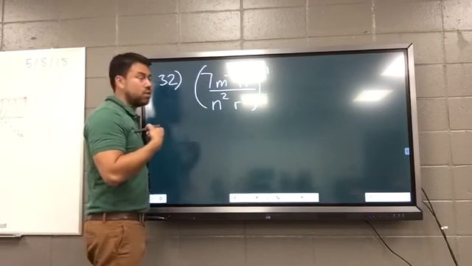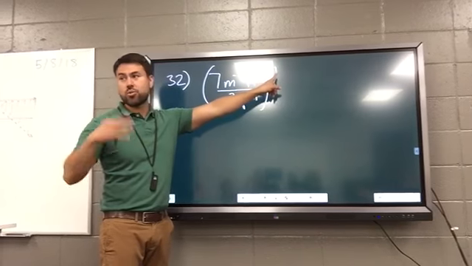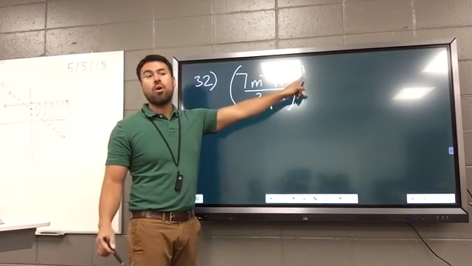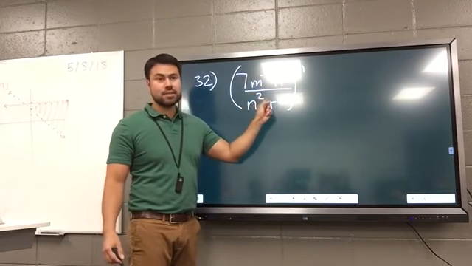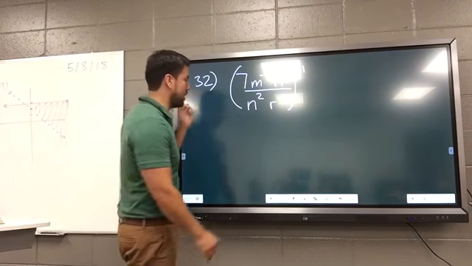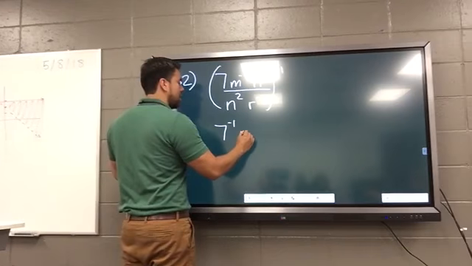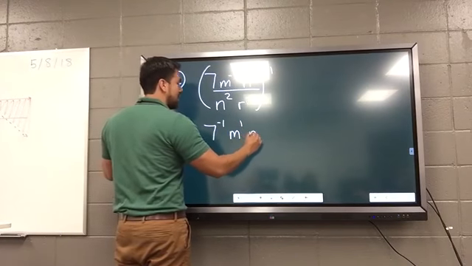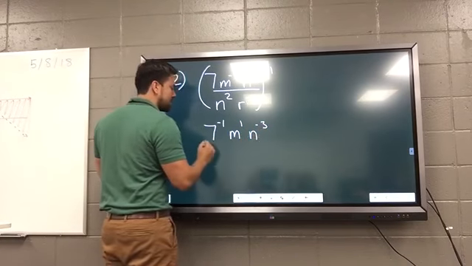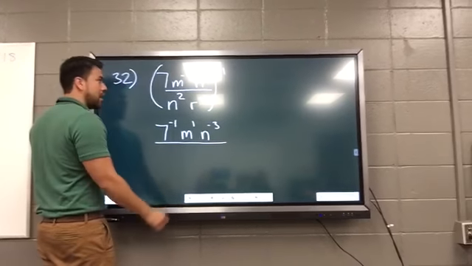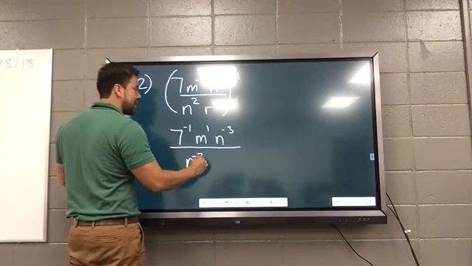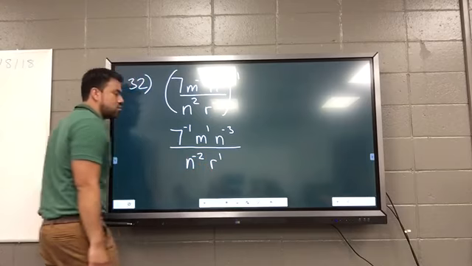All right, when you have that exponent to the negative first or whatever exponent, all the exponents inside the parentheses need to be multiplied by -1. So I get in the numerator 7 to the negative first, m to the positive first, n to the negative third. That's my numerator now. Denominator, I got n to the negative second, r to the positive first.